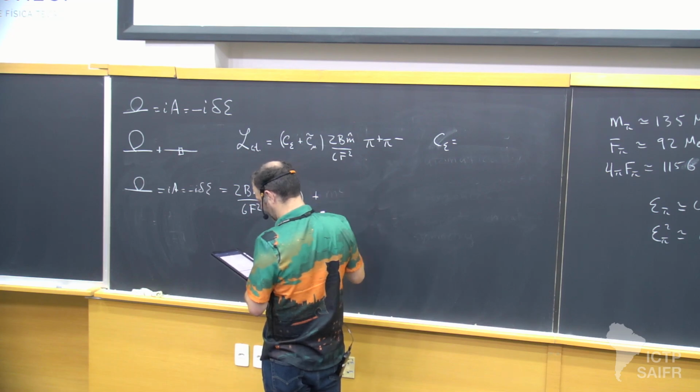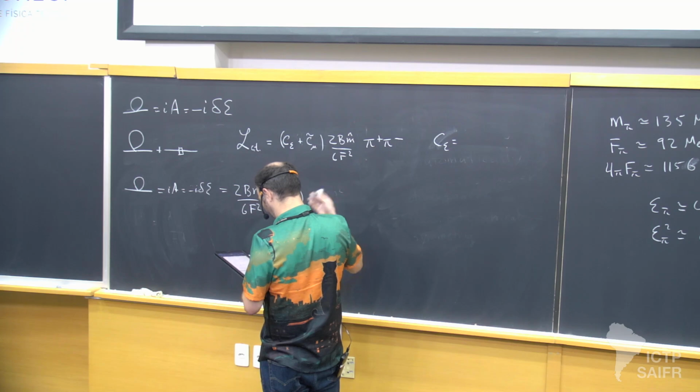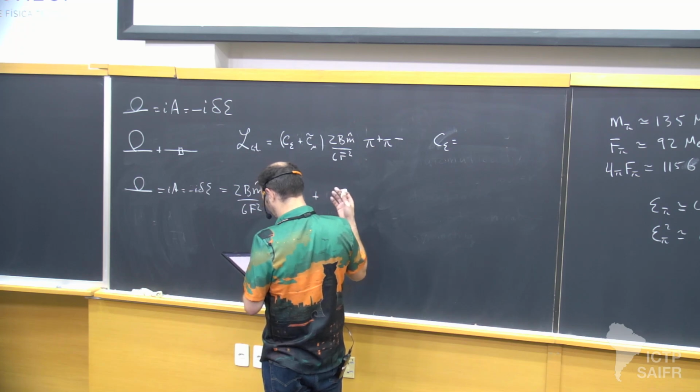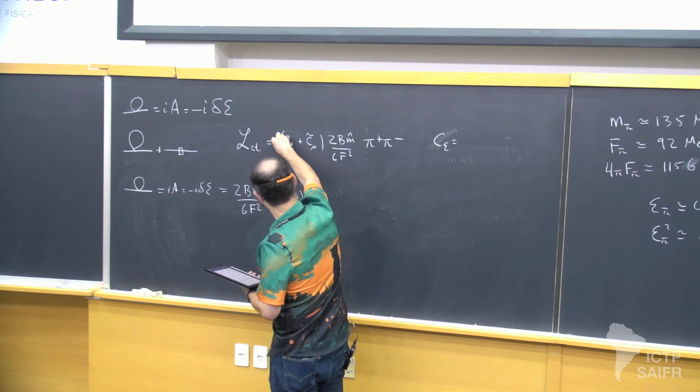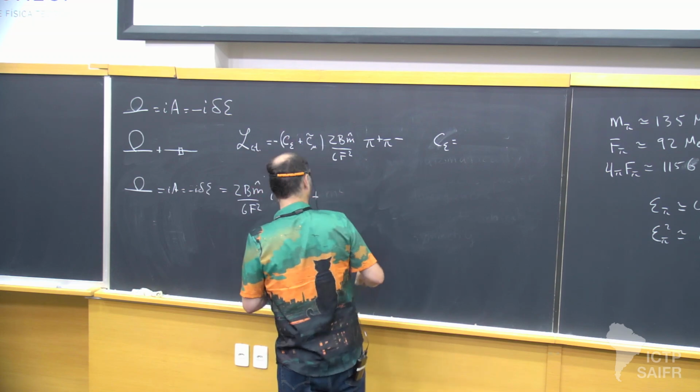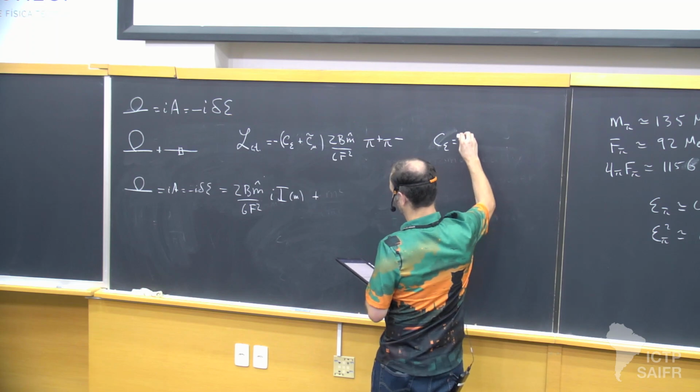In my notes, I did the self-energy, and here I'm trying to do the amplitude, so I got some minus signs floating around. I think I need a minus sign here.